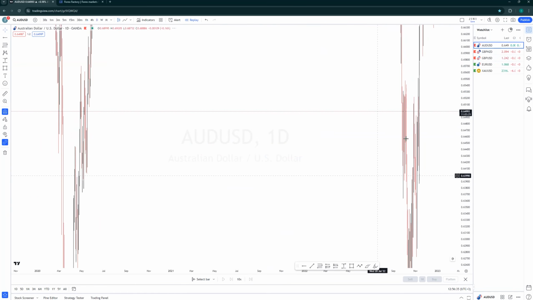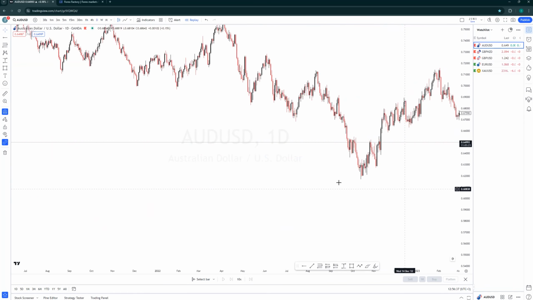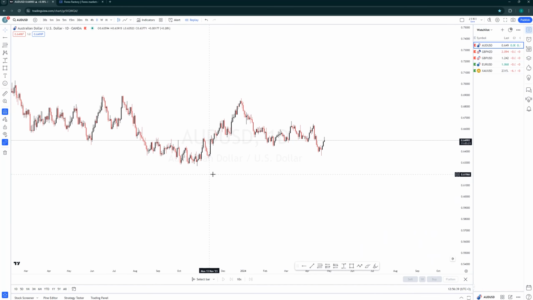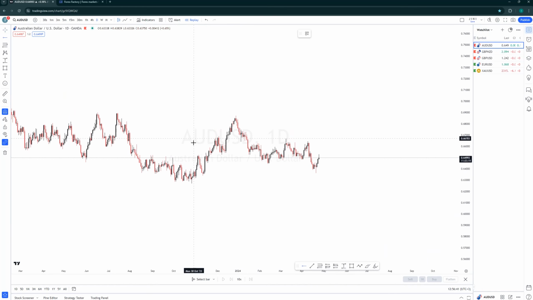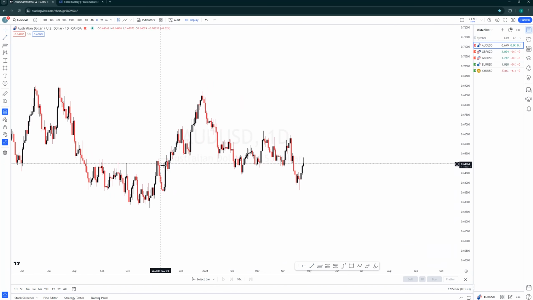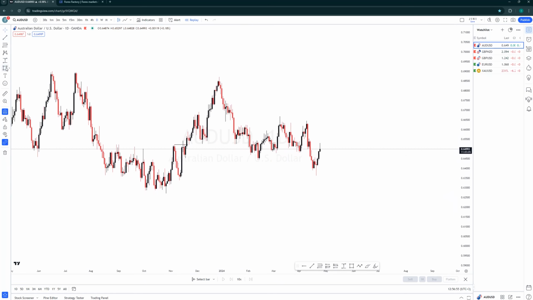This was the daily break of market structure. But after that break of market structure, we have this formation here, which the market came and reacted to and then moved. But also we know that this is the daily break, this is the daily inside formation.